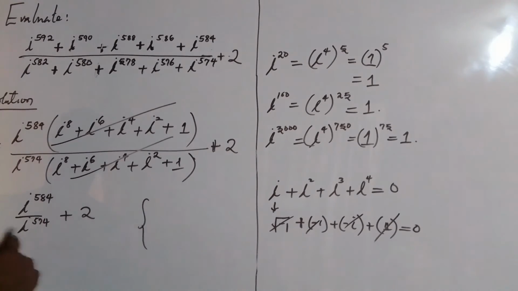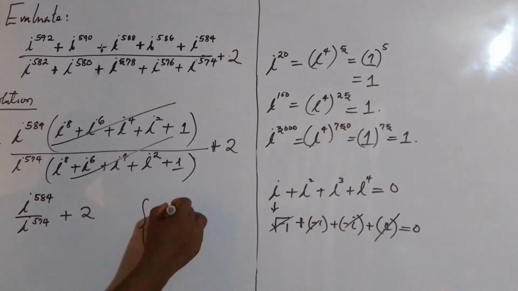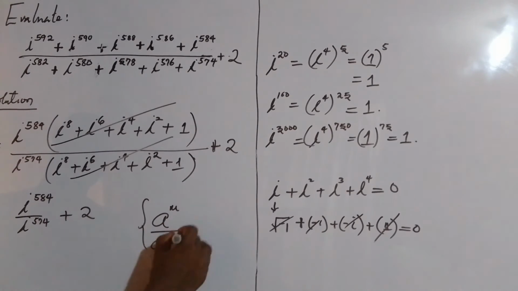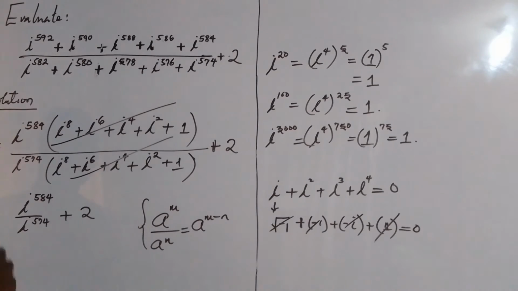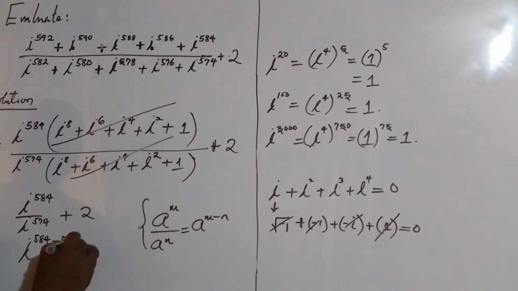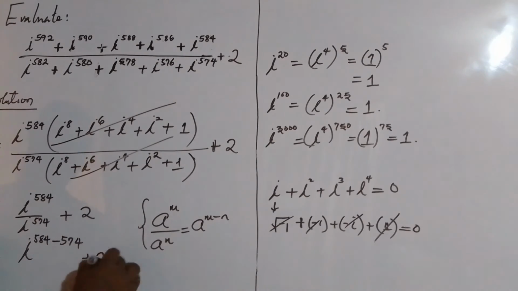And then I'm going to apply this rule of indices: if I have a to the power of n over a to the power of m, this is the same as a to the power of n minus m. So I will use this rule to evaluate what we have here. So that will be i to the power of 584 minus 574, plus 2.